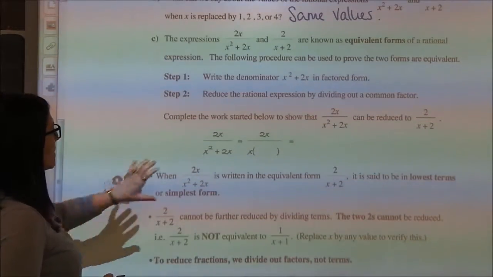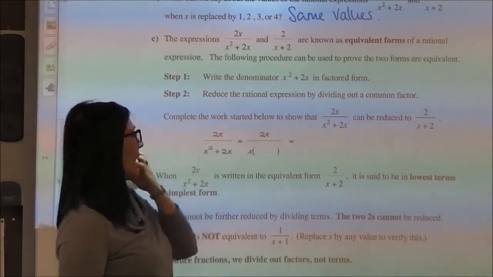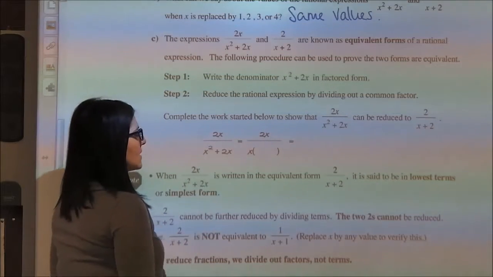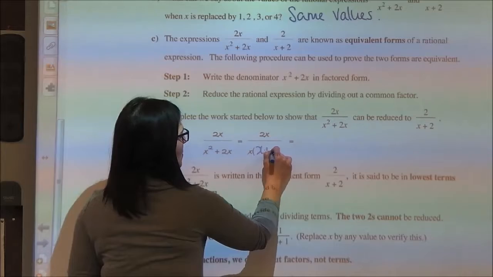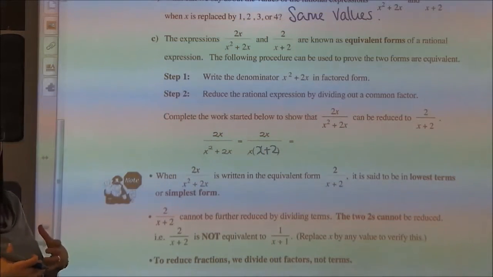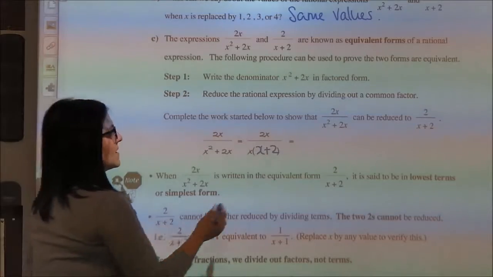So if we look at the steps, if we look at our 2x, what we can do with the denominator is factor the denominator. What's common to x squared and 2x is an x, leaving me with x plus 2. What I can now do is cancel out factors.